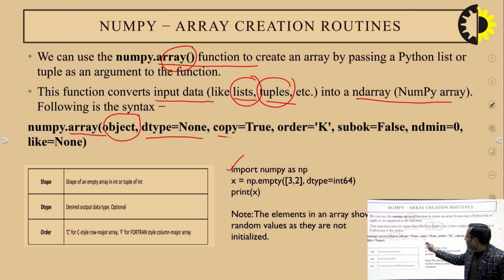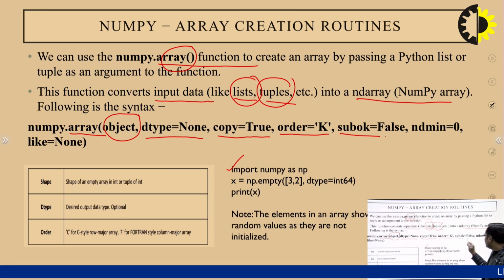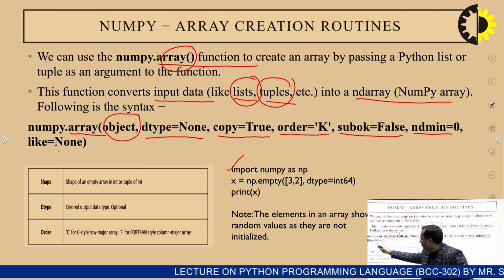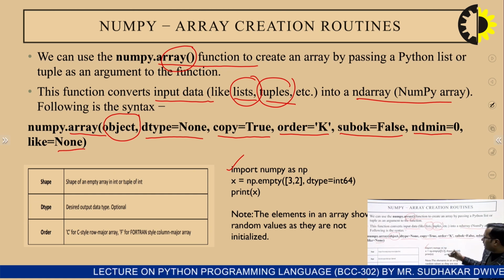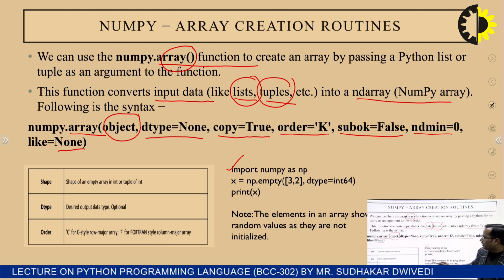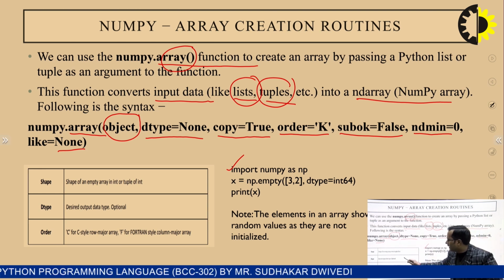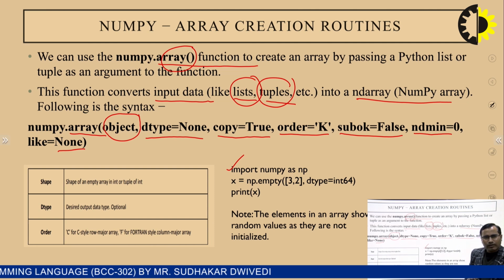Another parameter is copy, and the default value of copy is true. We will discuss this later. Order: the default value is K. The next parameter's default value is false, the ndmin value is 0, and the like parameter's default value is none. But here we will focus on a few parameters, and these are shape, dtype, and order for the creation of ndarray objects.